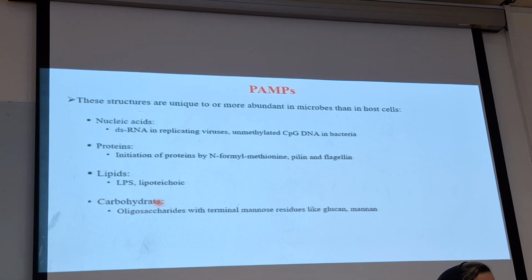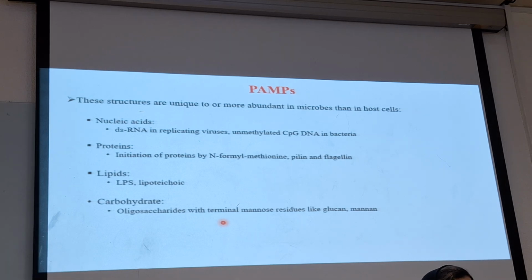And about carbohydrates, some antigens like mannan in fungi and some bacteria are made of oligosaccharides with terminal mannose residues, and in our body we don't have terminal mannose residues in our carbohydrate structures.